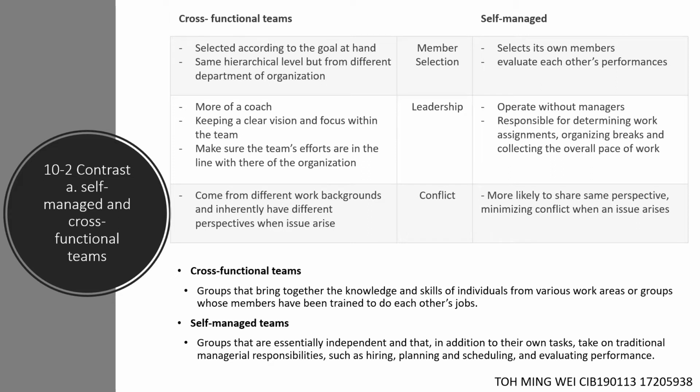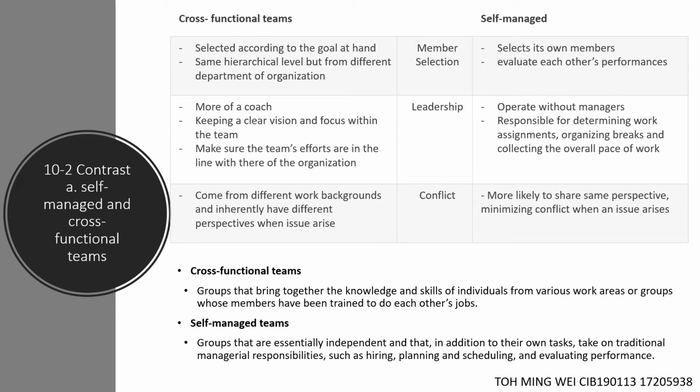Next, leadership. Leadership roles also vary between self-managed and cross-functional teams. Cross-functional teams often require hands-on management techniques, while self-managed teams need little to no management. Self-managed teams operate without managers and are responsible for determining work assignments, organizing breaks, and collectively controlling the overall pace of work.